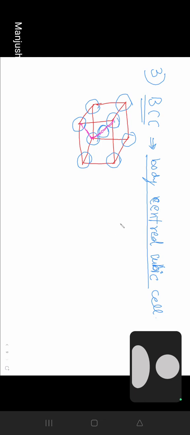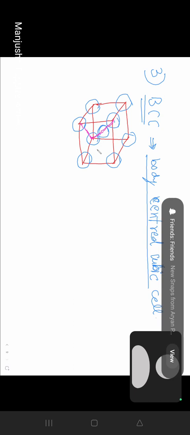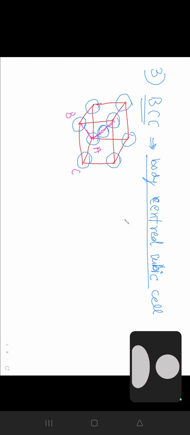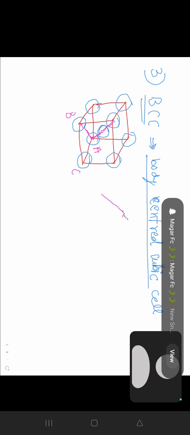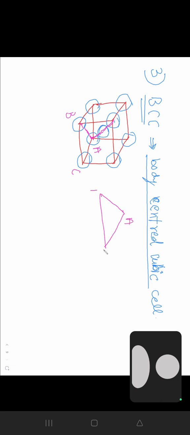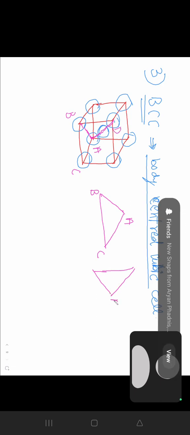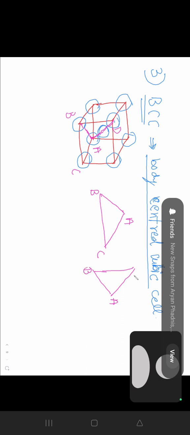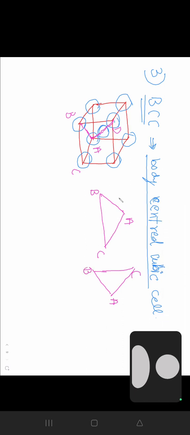Suppose this is A, then B, and then C. For your understanding purpose, I will write A, B, C over here. This is D, suppose A, B, and D. So first we have to calculate this length.